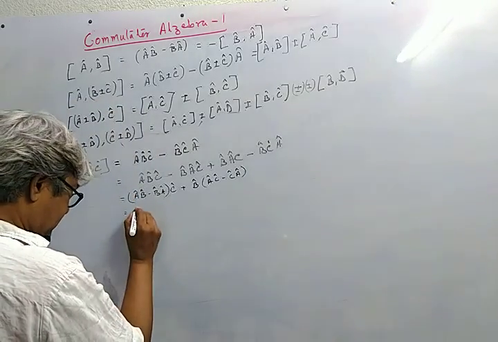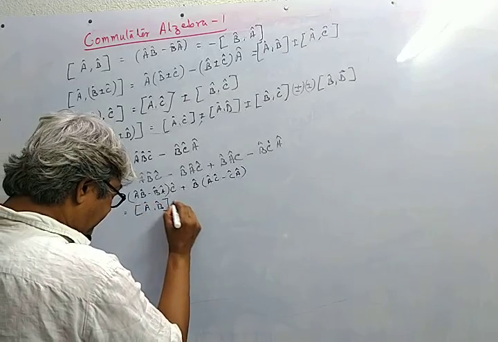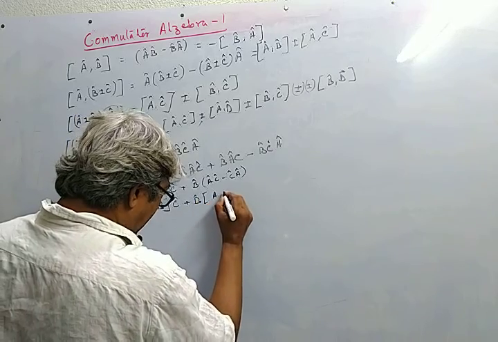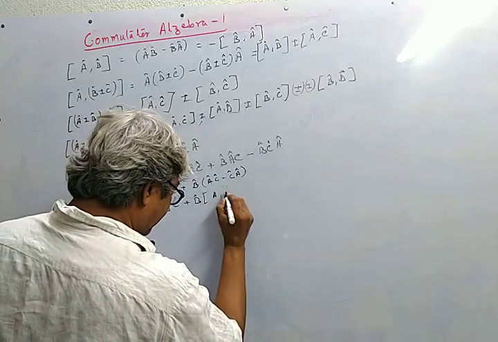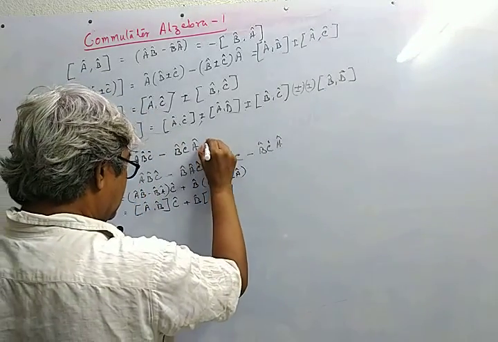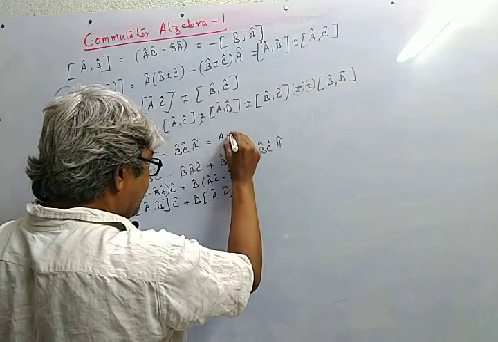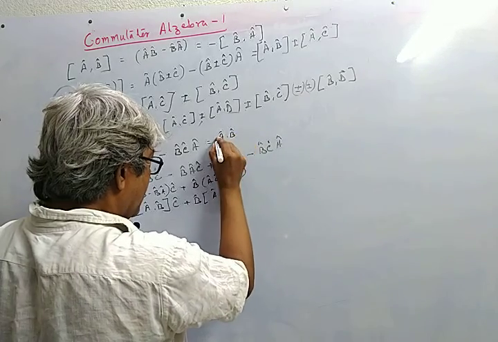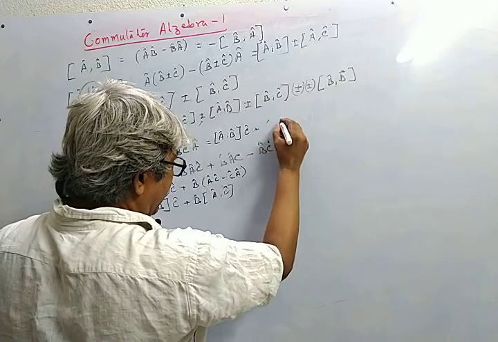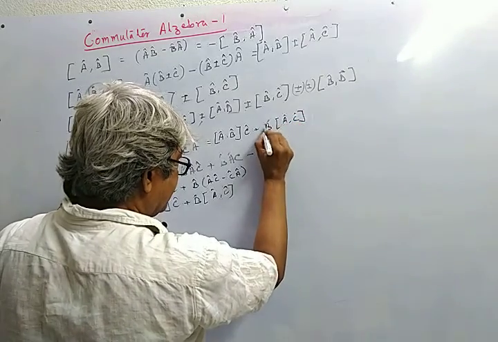So the result is the AB commutator with C appearing from the right, plus the AC commutator with B appearing from the left.